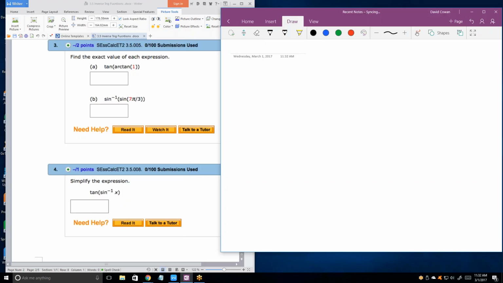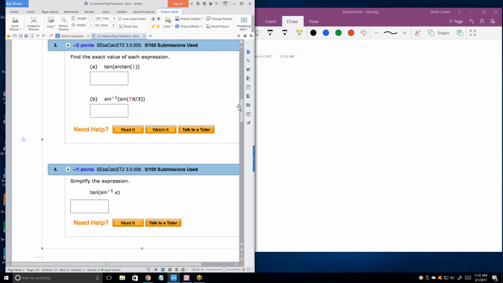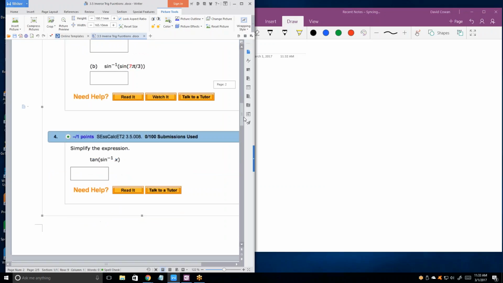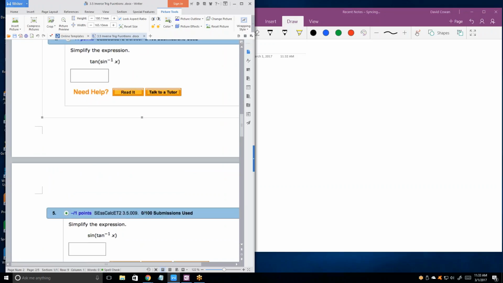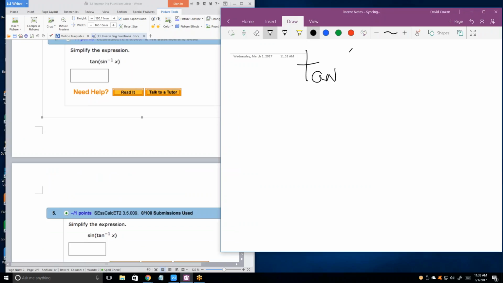Now we get to the tougher ones. This is tangent of the inverse sine of x, and it's just x. So this is similar to what I've shown you, where you draw the triangle and you label theta. So what's the first step here?